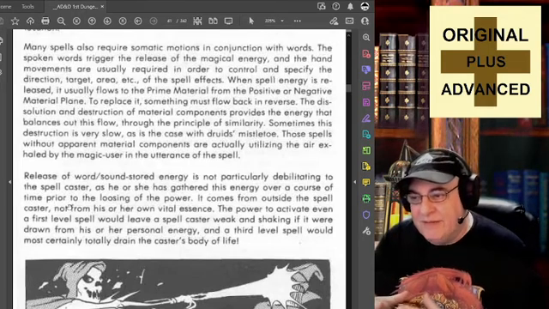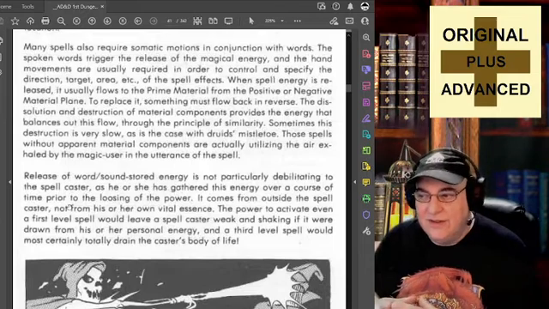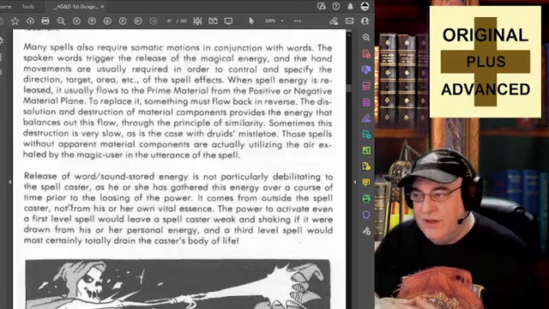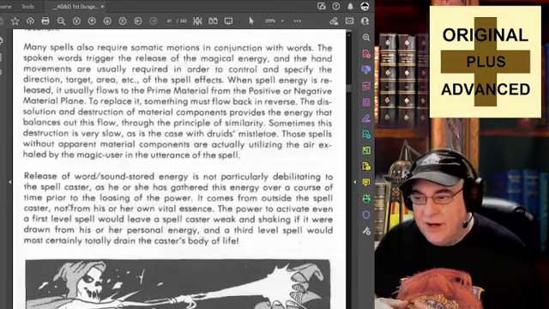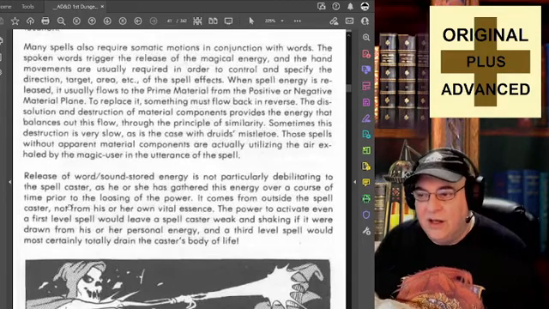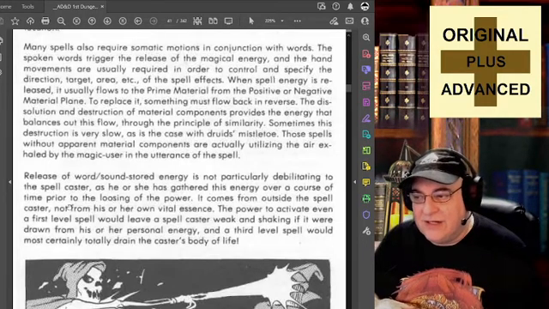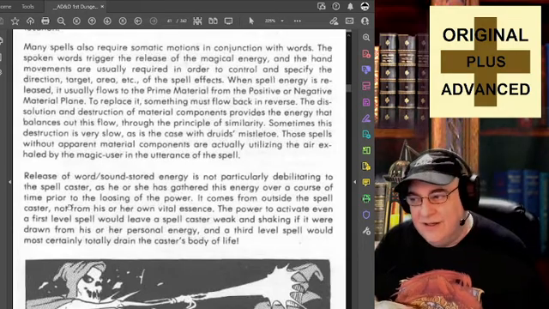Sometimes this destruction is very slow, as is the case with Druid's Mistletoe. Those spells without apparent material components are actually utilizing the air exhaled by the magic user in the utterance of the spell.